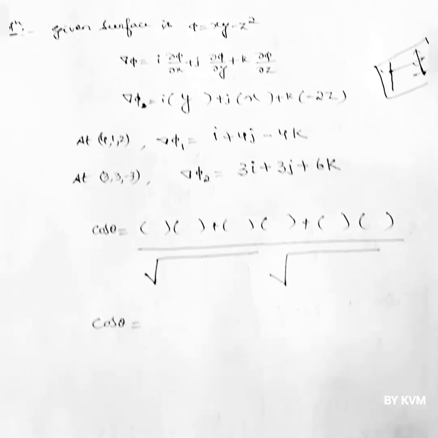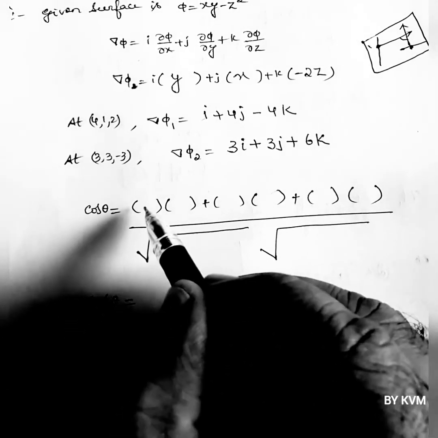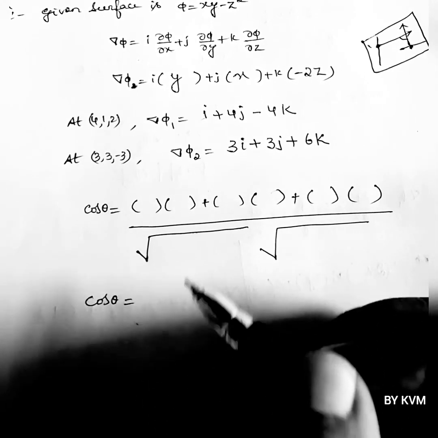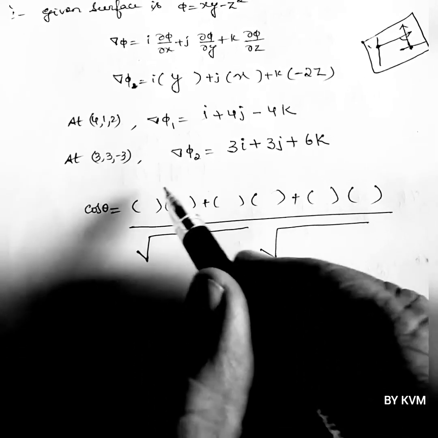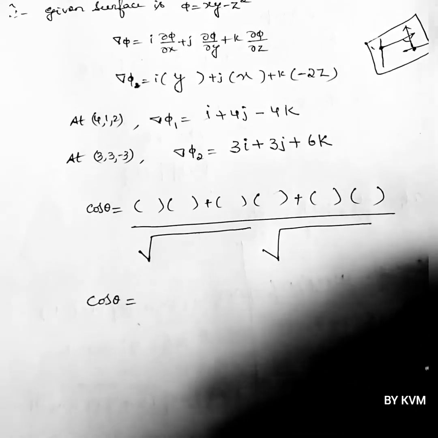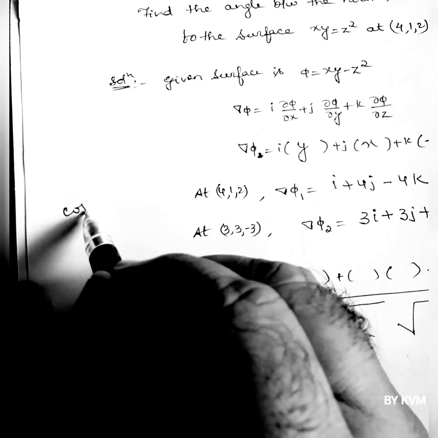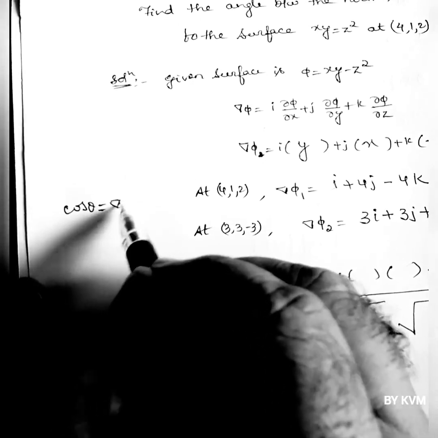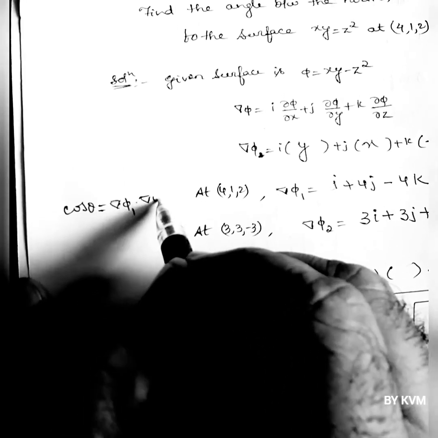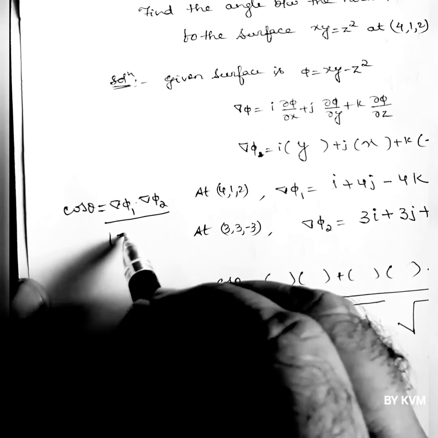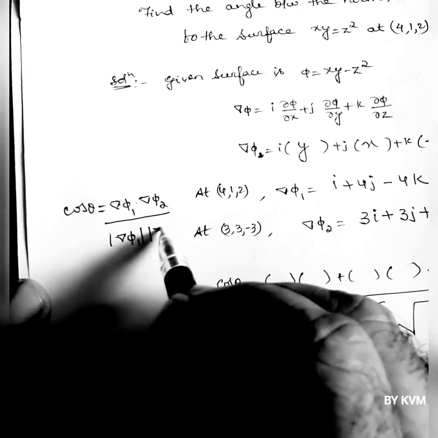So cos theta is dot product of del phi 1 and del phi 2. So we know what is cos theta. So cos theta is del phi 1 dot del phi 2 by modulus del phi 1 into modulus del phi 2.